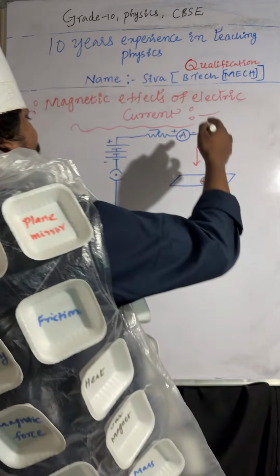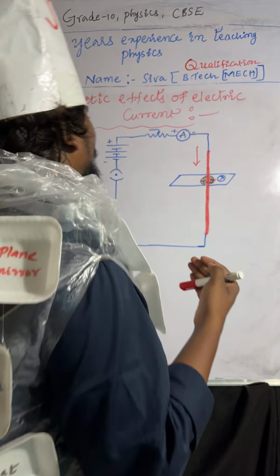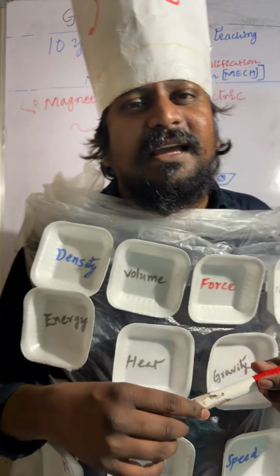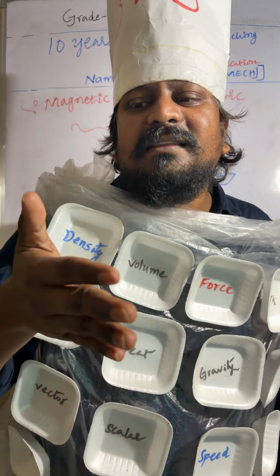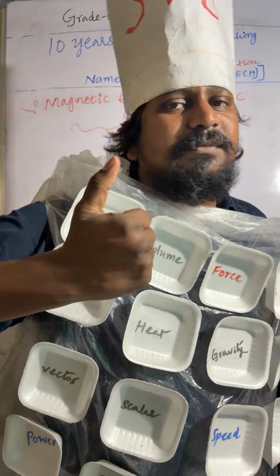Here, if the current is passing through the conductor, it will produce a magnetic field. How can you identify the magnetic field around the current carrying conductor? By using the right hand thumb rule. The curly, folding fingers represent the magnetic field.